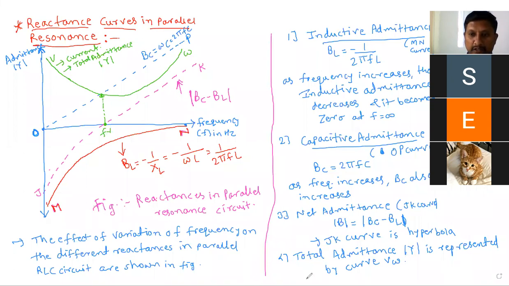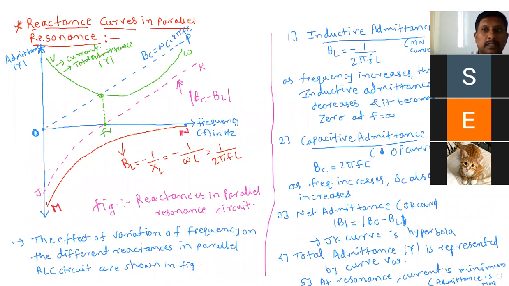So the final conclusion point: at resonance, current is minimum because admittance is minimum. So this is about the reactance curves in a parallel resonance circuit.